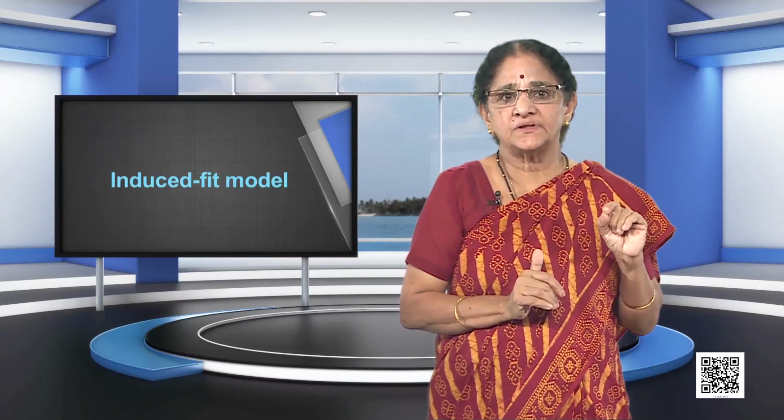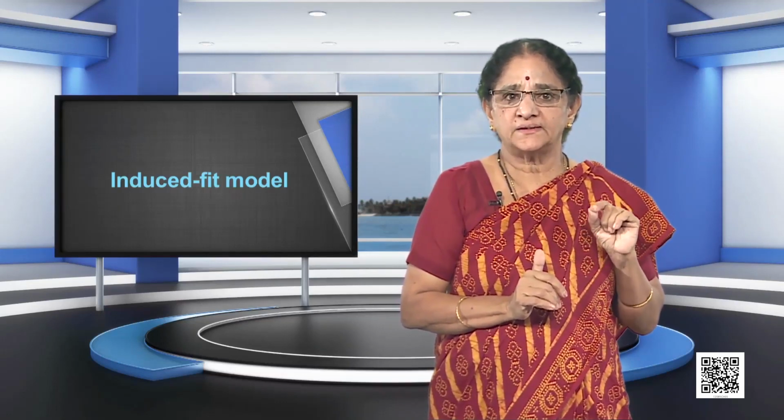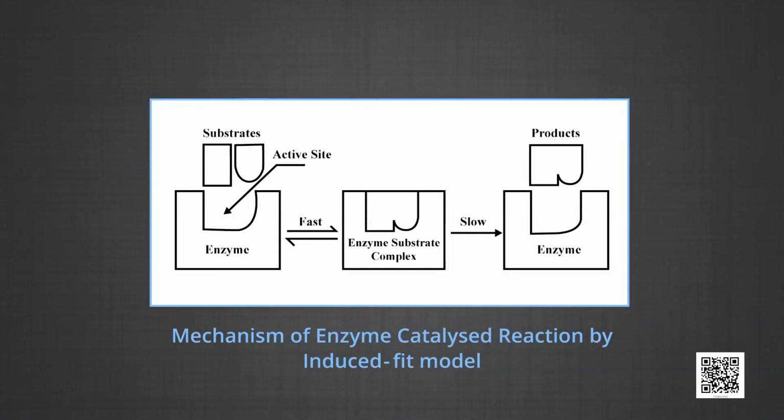According to this model, the substrate induces the active site to change in order to fit the substrate, unlike in the case of rigid lock and key model. As shown in the figure, it can be imagined as a hand in a glove, in which the glove, which is the active site, does not get its functional shape until the hand, that is the substrate, fits into it.